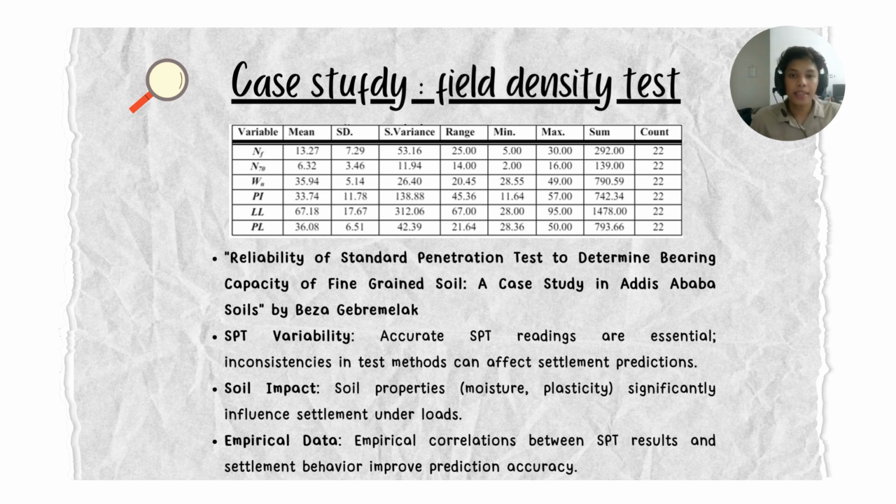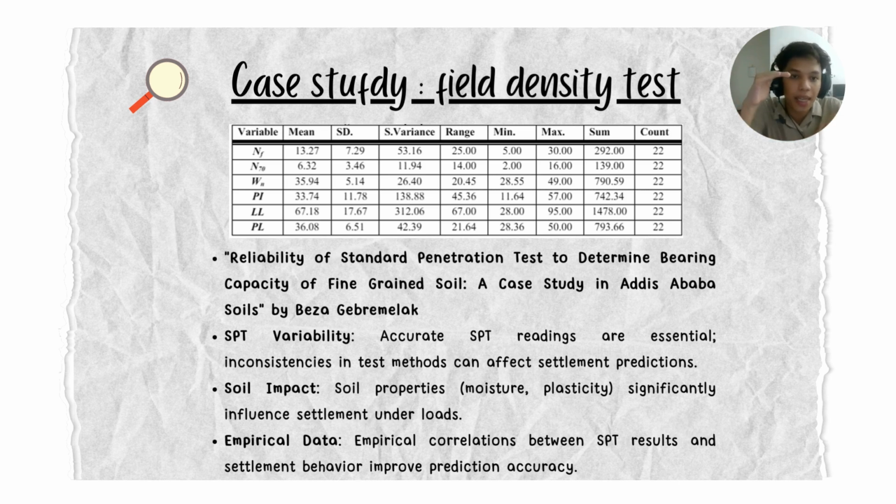First, the accuracy of standard penetration test readings is crucial. Variations in test methods such as different hammer types and drilling rates can lead to inconsistent N values, which could impact the reliability of our settlement predictions. Secondly, the geotechnical properties of soil, including moisture content and plasticity index, play a significant role in settlement behavior.